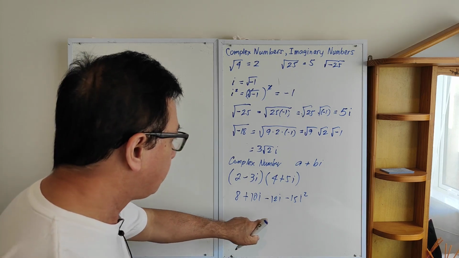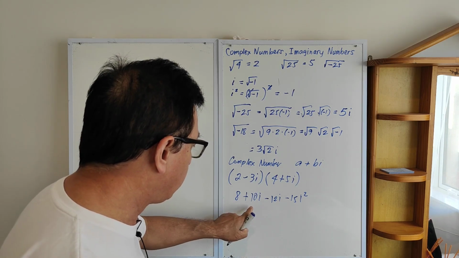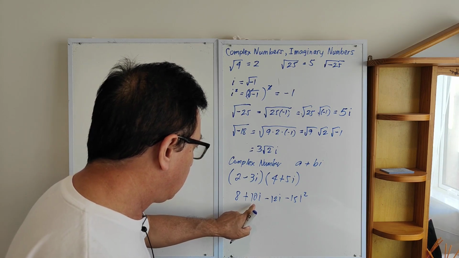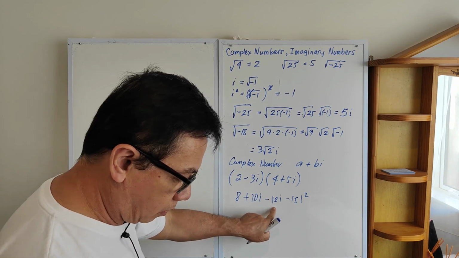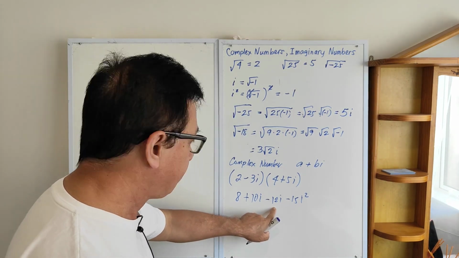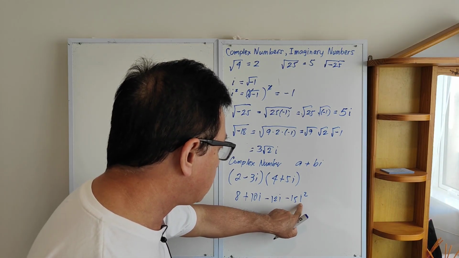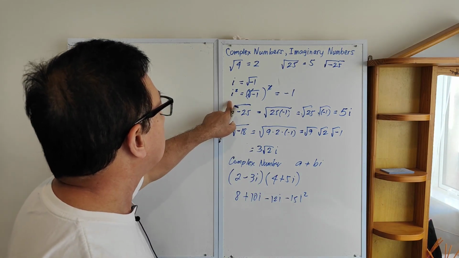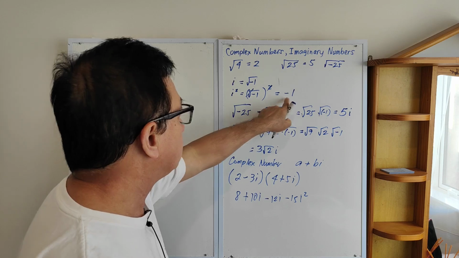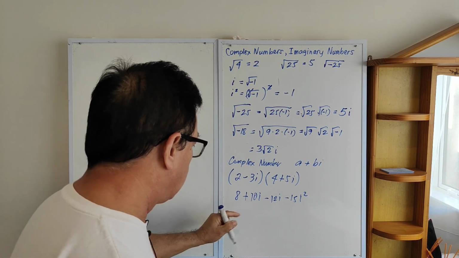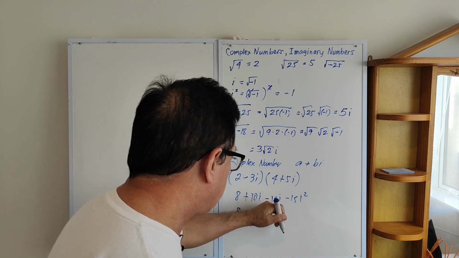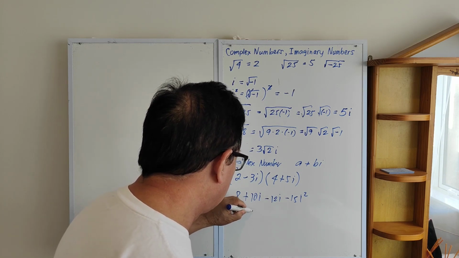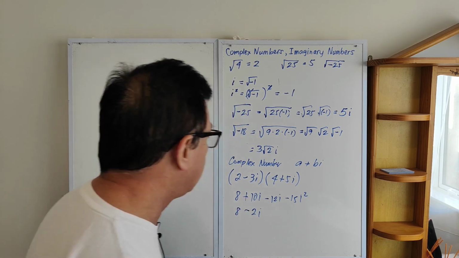So in here, we can combine 10i and negative 12i. And also this i squared can be changed into negative 1. So let's do it one at a time. 8. 10i plus negative 12i will be negative 2i.